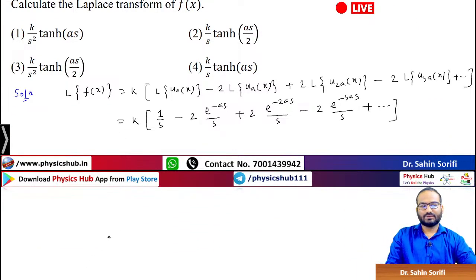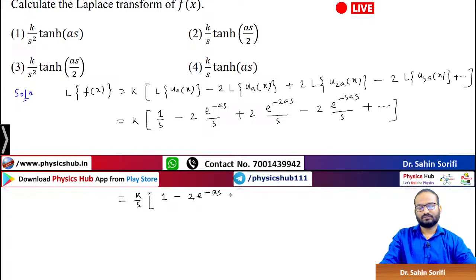Let's take k by s common. K is already common, so 1 by s is taken common. 1 minus 2, as you can see, we can take e to the power minus s common here.